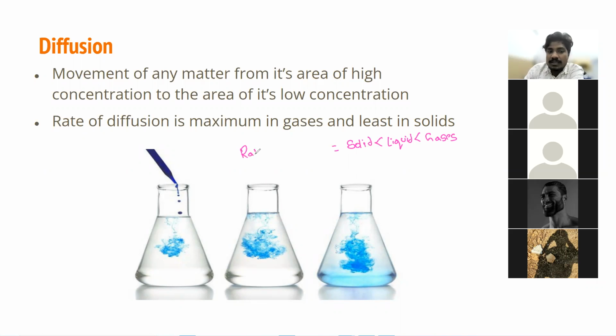They might ask you in the exam, in which of the following options there is a correct increasing sequence of rate of diffusion. They might give you different kinds of options, but this is the correct sequence: solids followed by liquids followed by gases. Got it?